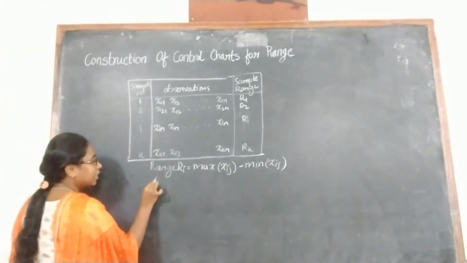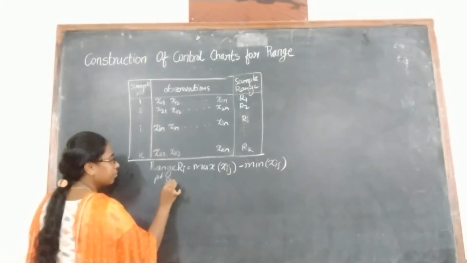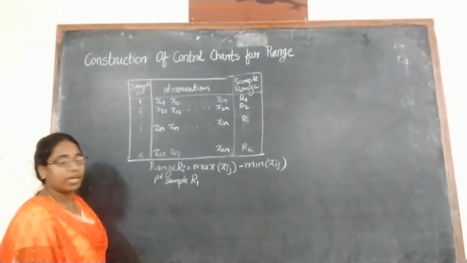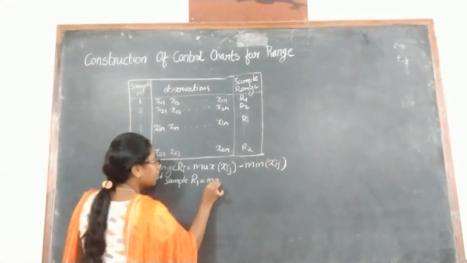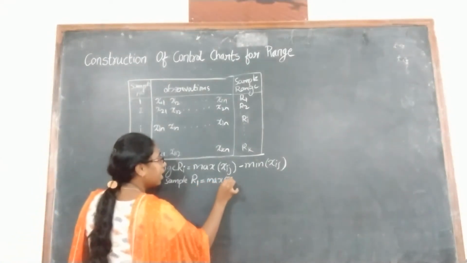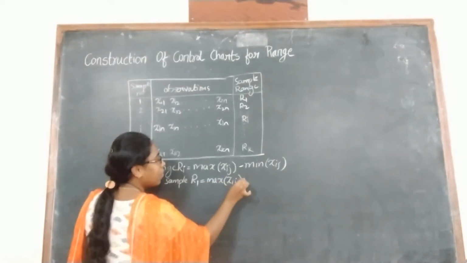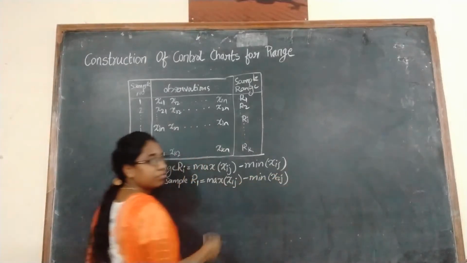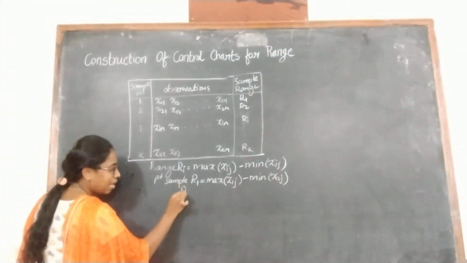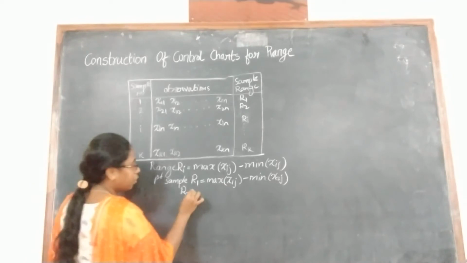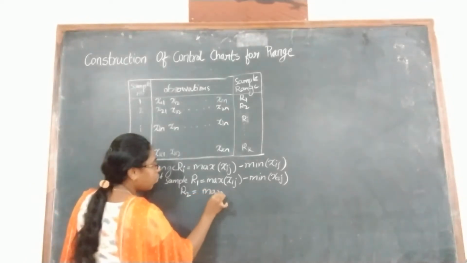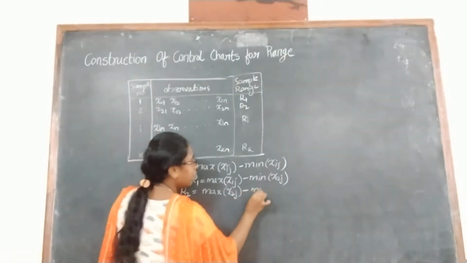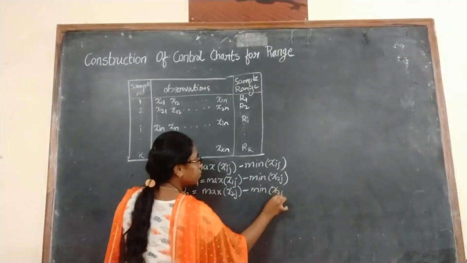Suppose we are considering the first sample. For the first sample, the range is denoted as R1 and it is given as maximum of x1j minus minimum of x1j. Similarly, if I consider the second sample, I will get R2 equals maximum of x2j minus minimum of x2j.